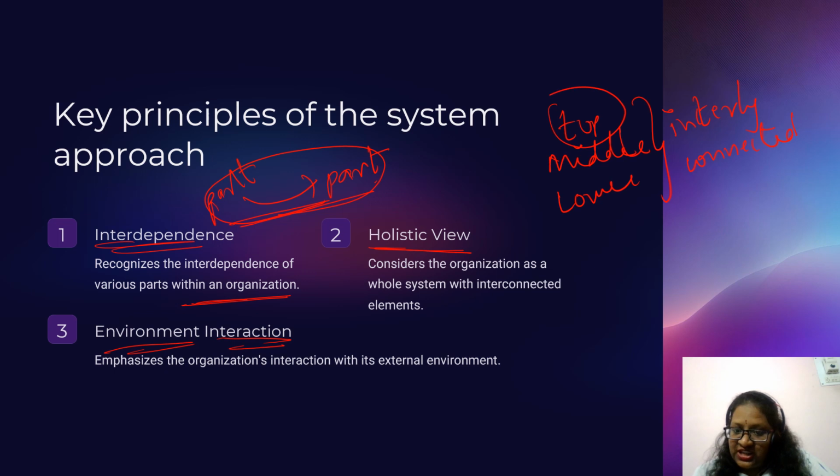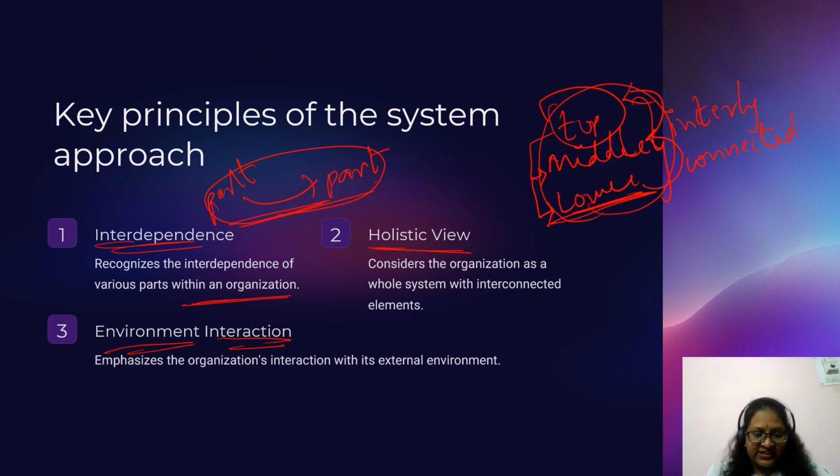Whatever decisions are taken by the top management are followed by the middle and also by the lower management. Whatever production or task the lower management is doing affects the middle management level and also the top level. So they are wholly interconnected with each other. Next is environment interaction, which emphasizes the organization's interaction with the external environment.